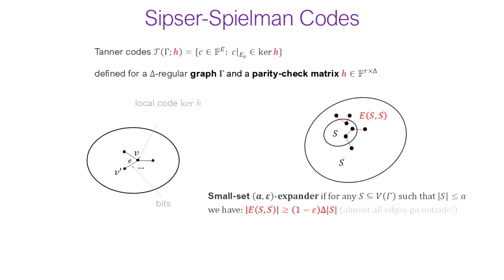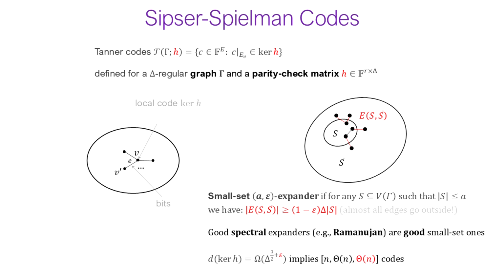It was known that good spectral expanders, for example Ramanujan graphs, are also good small set expanders. By good I mean that this set grows linearly with the size of the graph. This allowed them to obtain the following theorems.